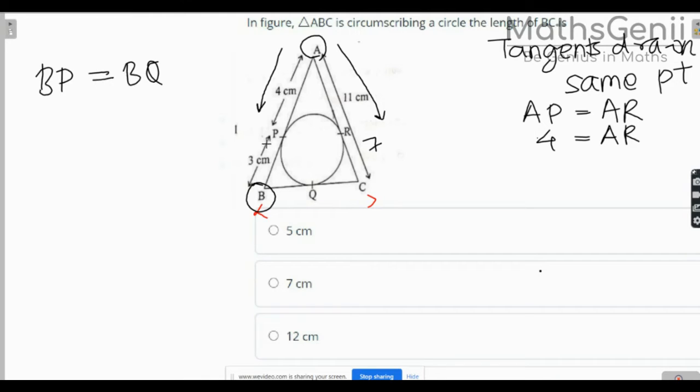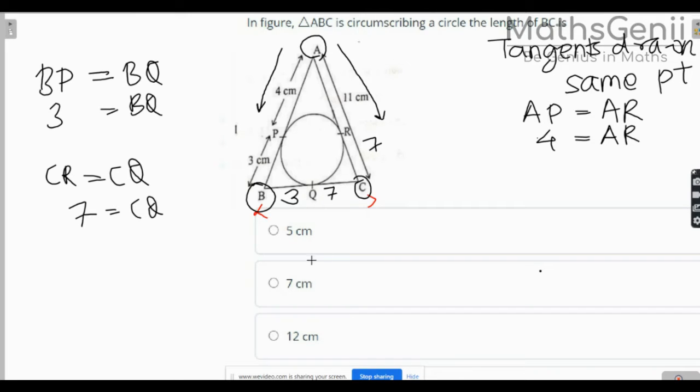So BP is how much in the question? 3. So that means BQ is also 3. Similarly here, look at point C. From C, two tangents are going, CR and CQ. So CR is 7, therefore CQ is also 7.